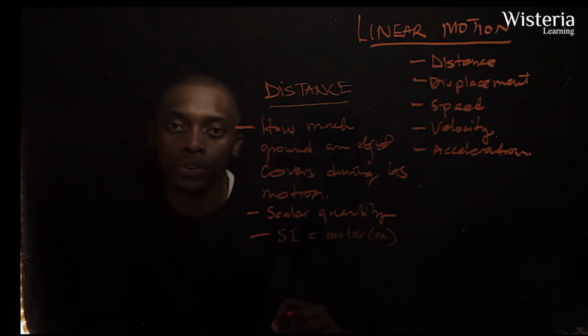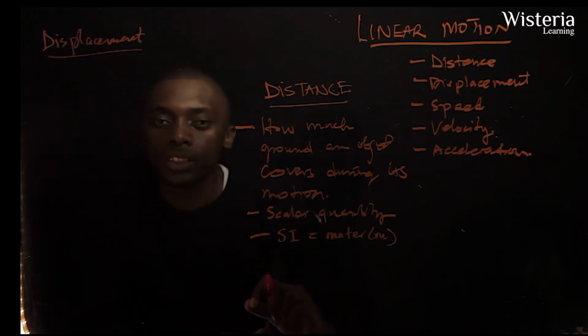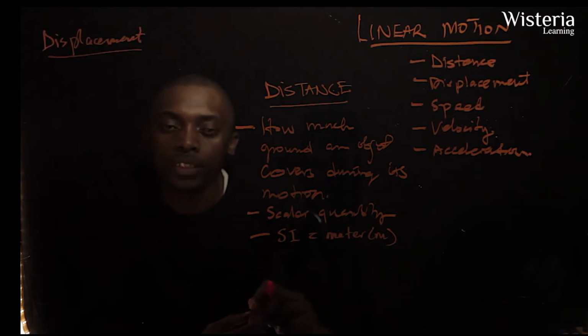Now we can move on to look at what displacement is and try to see the difference between these two words. By definition, displacement is the change in position of an object. The change in position of an object in a particular direction, we call that displacement.